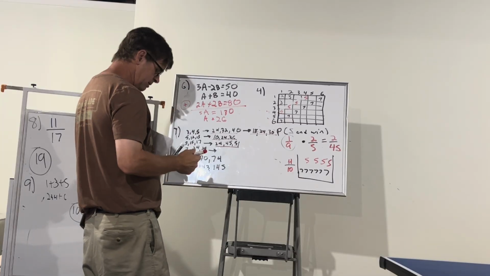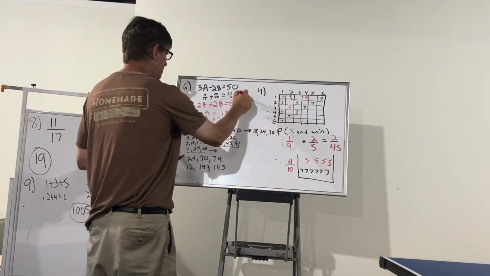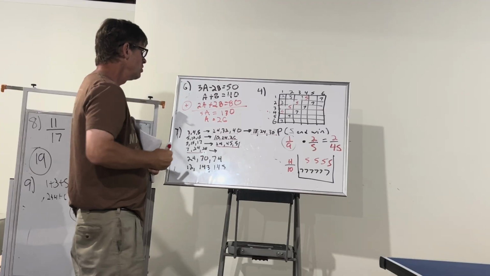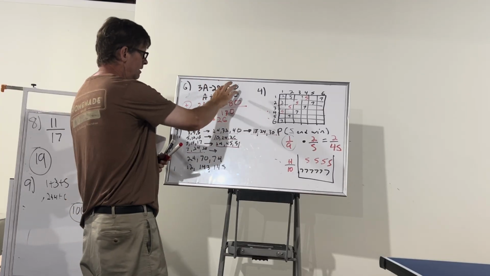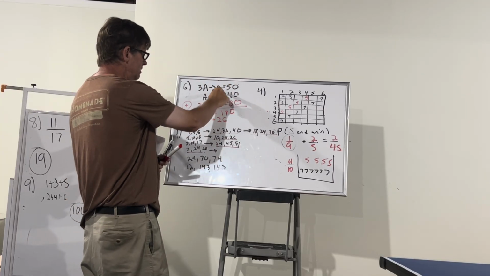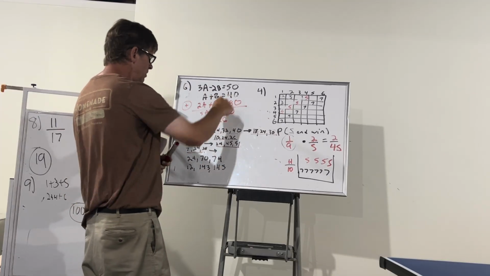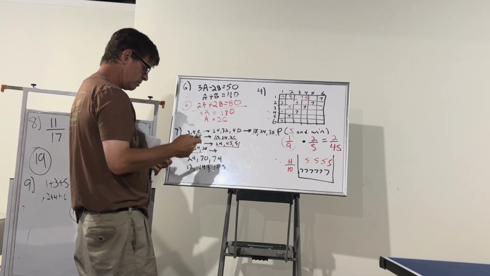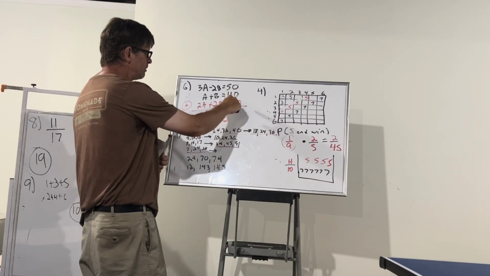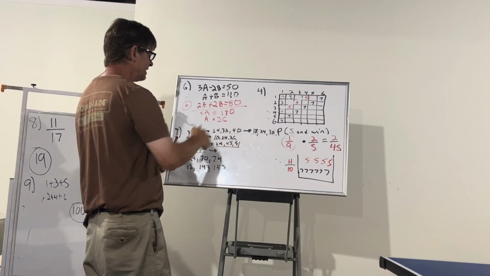Now, what we can do is cross this one out. We can try to get a common coefficient so that we can eliminate one variable. So I multiplied this equation by 2. So we got 2a plus 2b is 80, right?